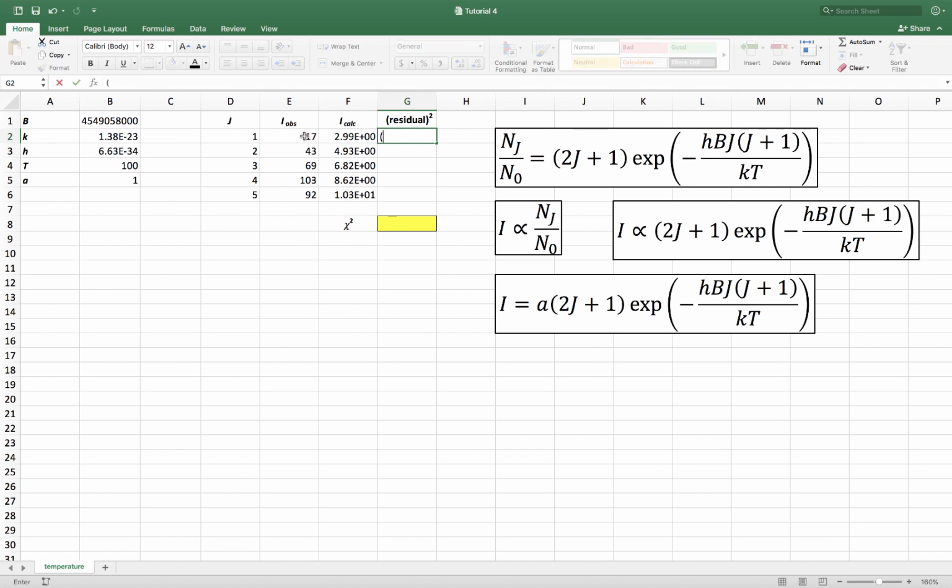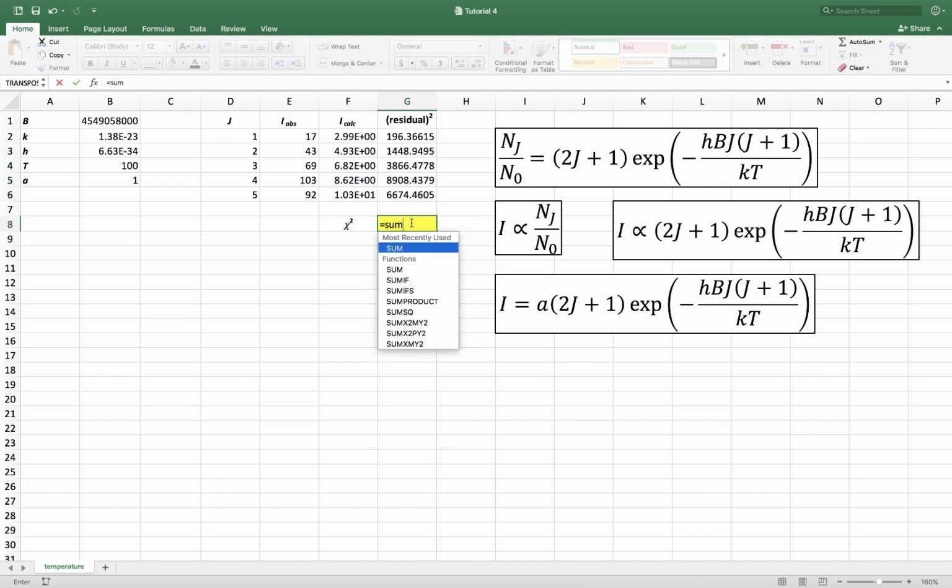So this will be equal to the observed intensity minus my calculated intensity, squared. I'll autocomplete for the 5 lines. And then in this yellow box, I'm just going to make this the sum of those 5 residuals.